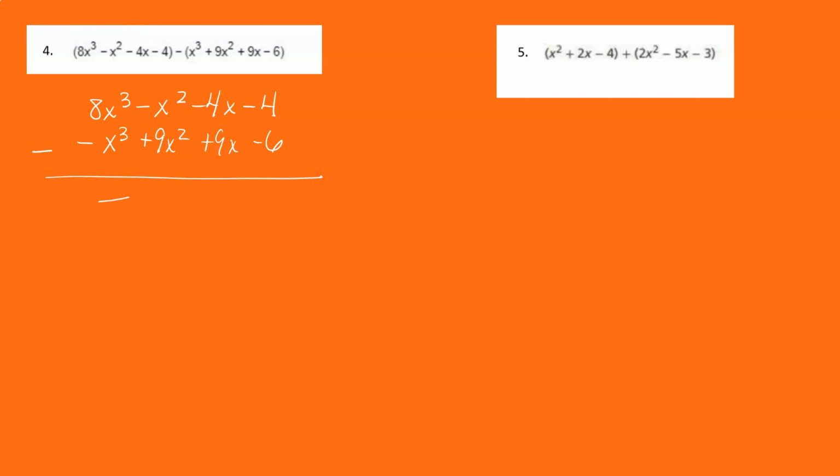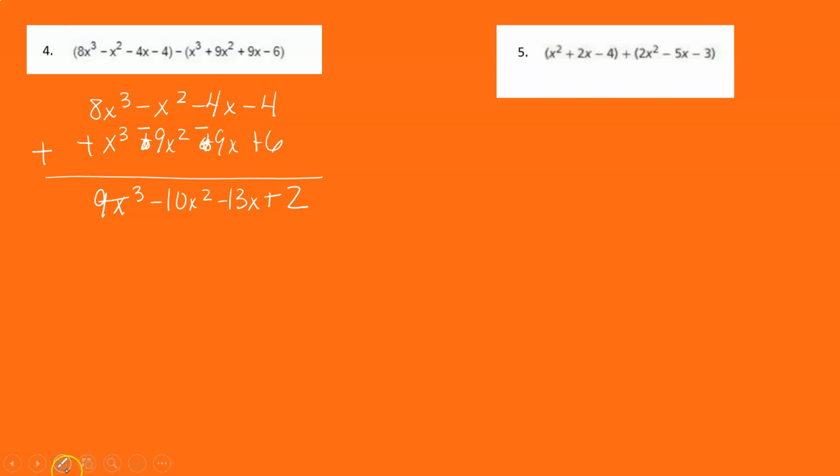Again, if you want to just subtract, that's fine. But I change it to addition and change all the signs. So now I have 8x cubed and 1 more x cubed, which is 9x cubed, negative 10x squared minus 13x plus 2.